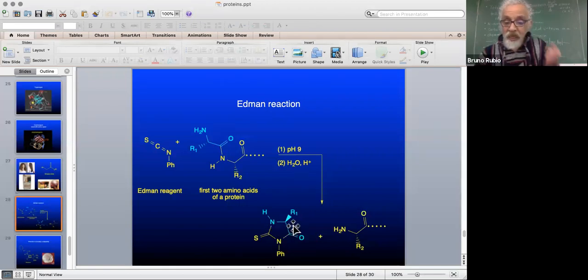So this isn't an amino acid, but it contains the remnant of that first amino acid. The analytical chemistry of this thing is very well known, so it's easy to determine what exactly that first amino acid is. That's what the Edman reagent does. It bites off the first amino acid.